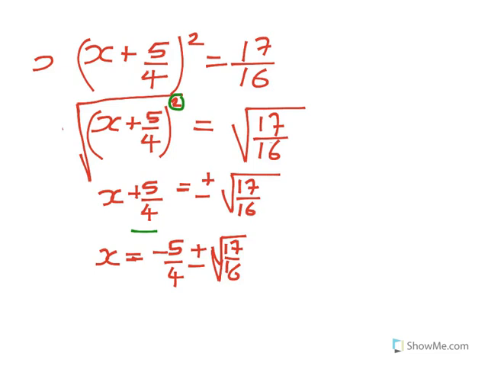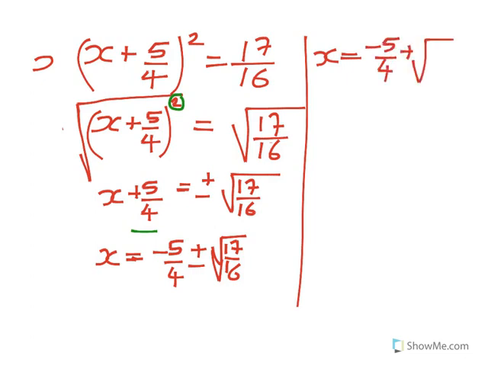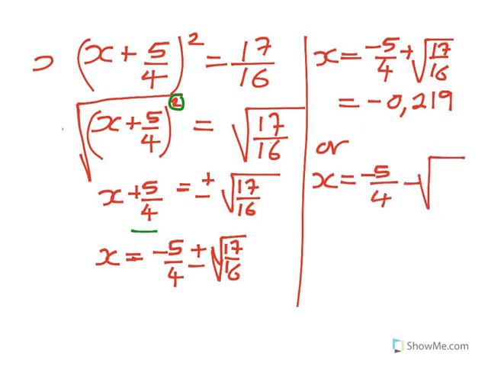Therefore x is equal to minus 5 over 4 plus square root of 17 over 16, which, when you use a calculator, you get minus 0,217, or x is equal to minus 5 over 4 minus square root of 17 over 16.